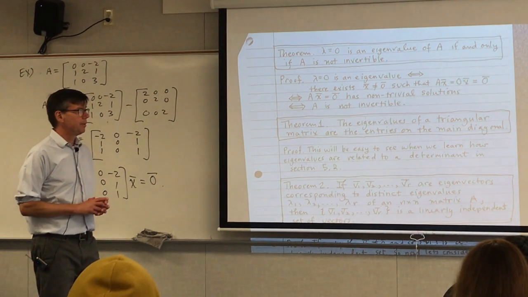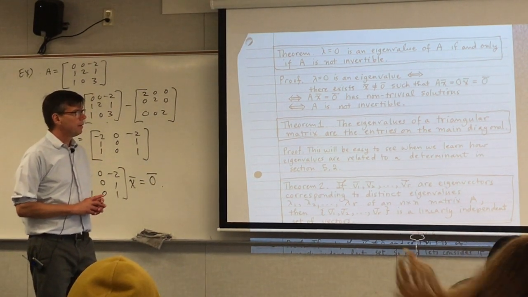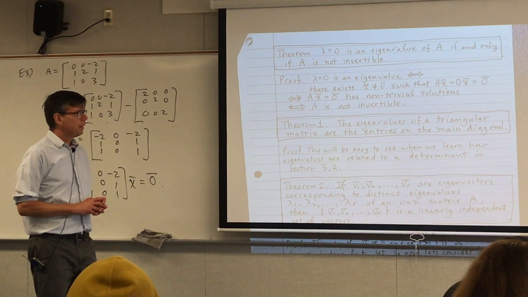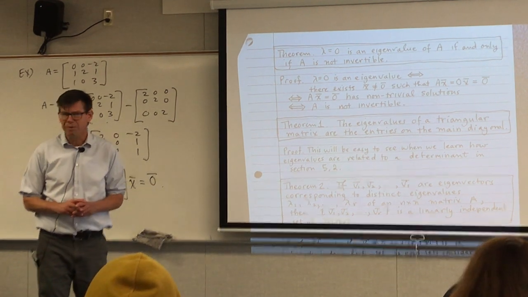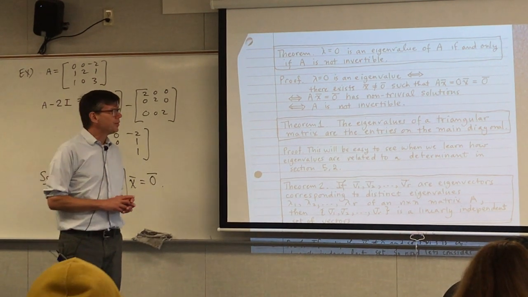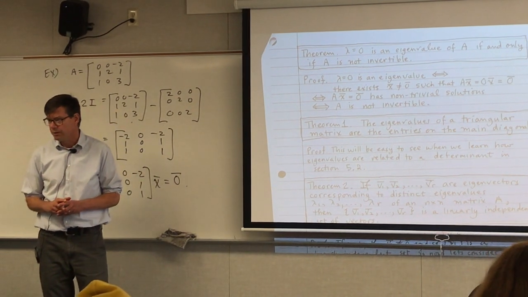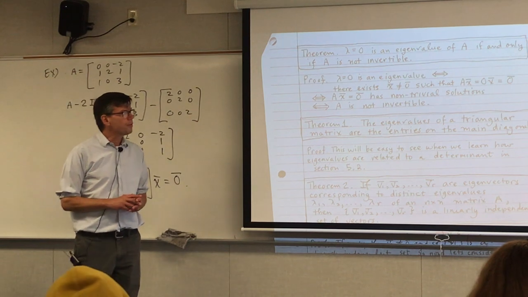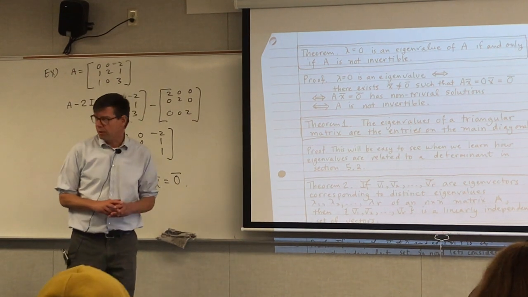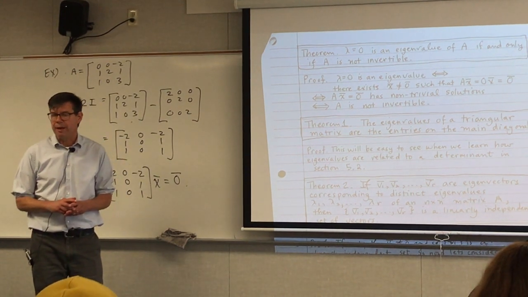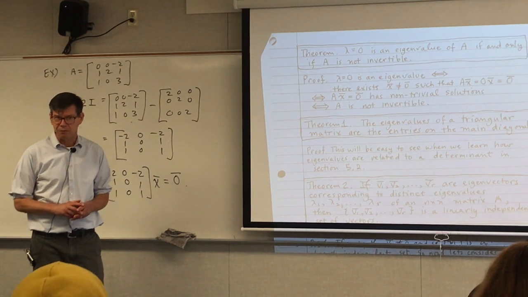Not invertible, okay? Kind of reminds me of determinant 0, right? There's a connection there. Because a square matrix is not invertible if and only if its determinant is 0. Now we're saying a square matrix is not invertible if and only if lambda equals 0 is an eigenvalue.